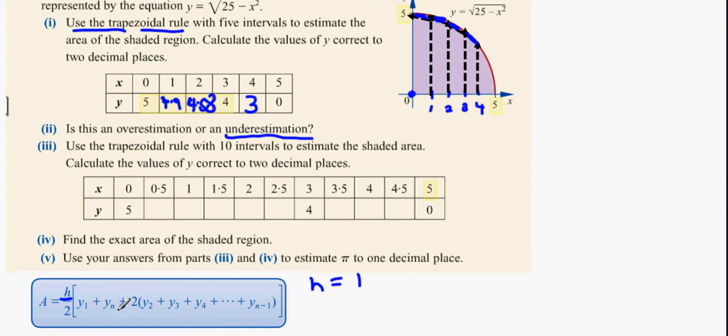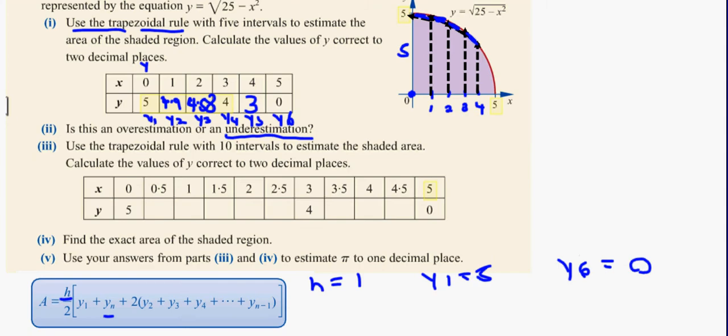y1 stands for the first height, which is 5. So y1 equals 5, and then we have yn, which is the last height. That's going to be y1, y2, y3, y4, y5, and y6. And y6 equals 0.